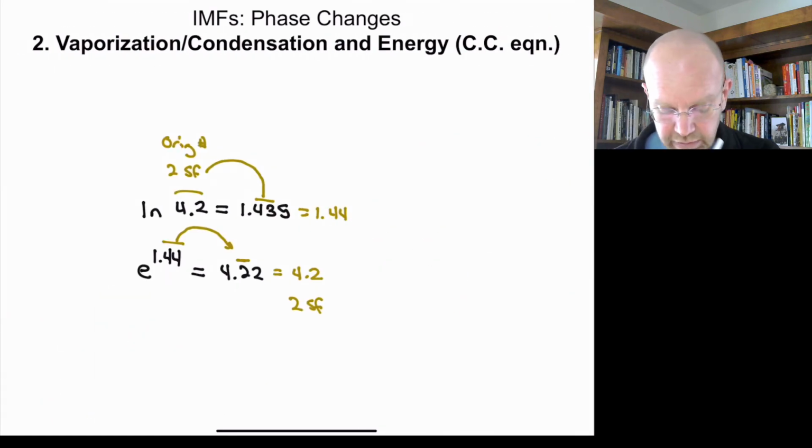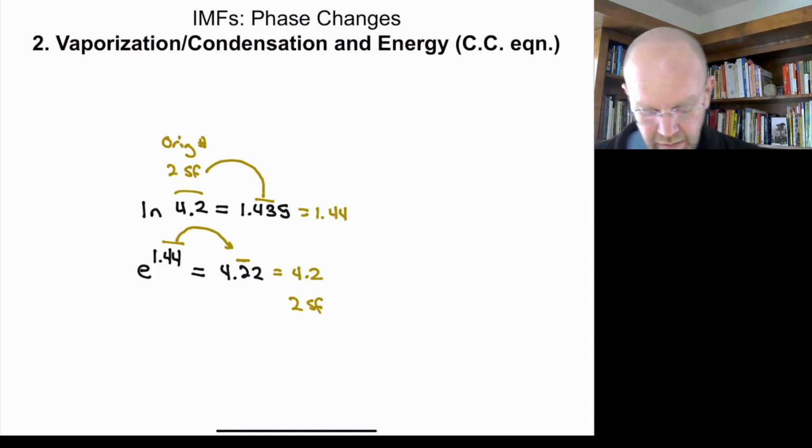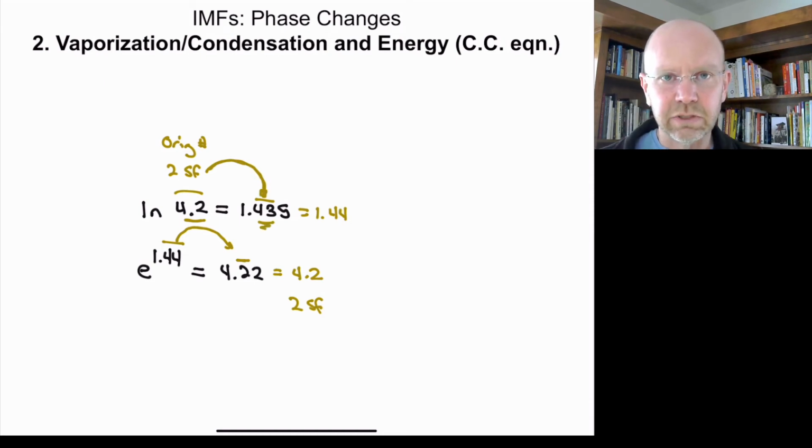I have the rule written here about how to handle sig figs of logarithms. If you have 4.2 and you take the logarithm of it, the number 4.2 has 2 significant figures. When you take the natural log, the number of sig figs in the original number becomes the number of significant figures after the decimal in the result.